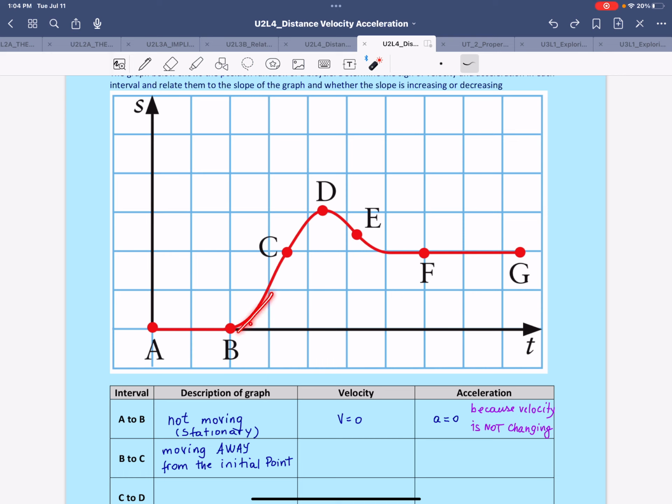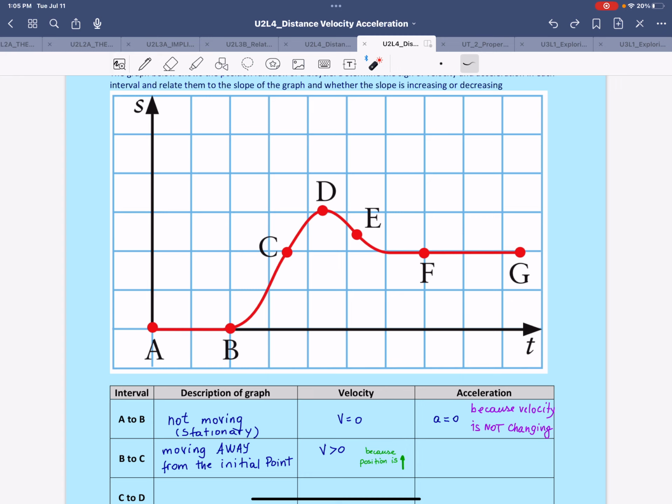Velocity is the rate of change of position. If you drew tangent lines anywhere on the graph of the position on the interval BC, you would see that the tangents have positive slopes. Positive slope means positive derivative, and a positive derivative of position means positive velocity. So velocity is positive because the position is increasing.